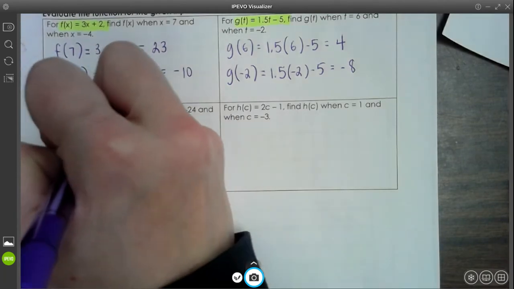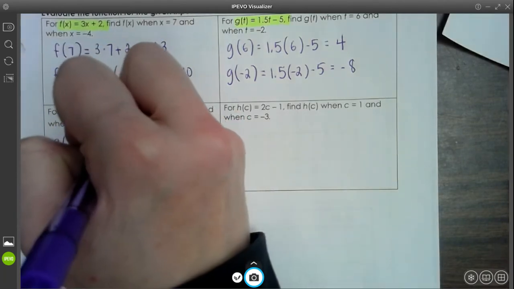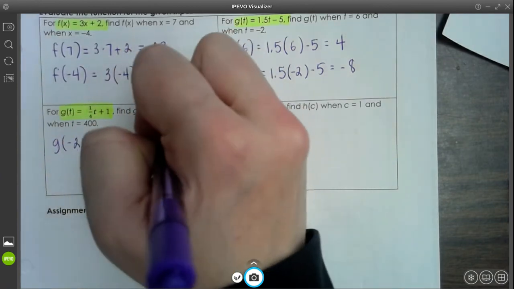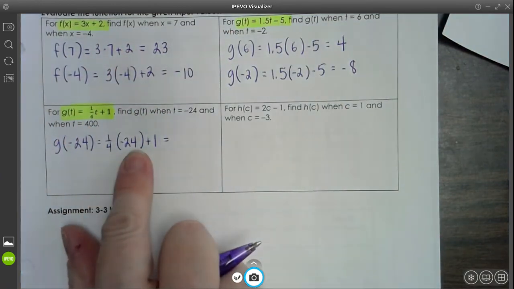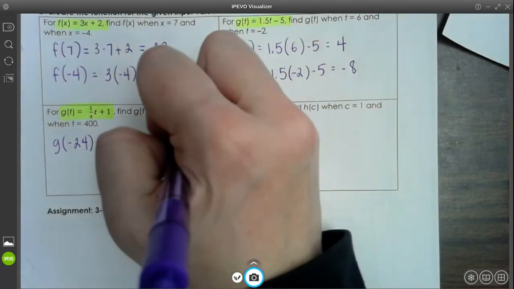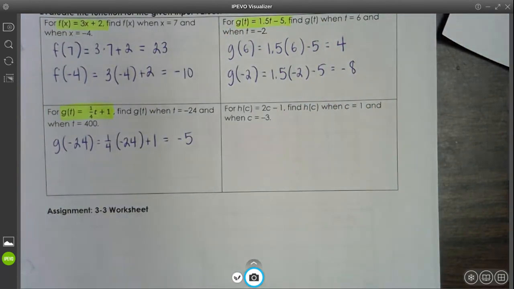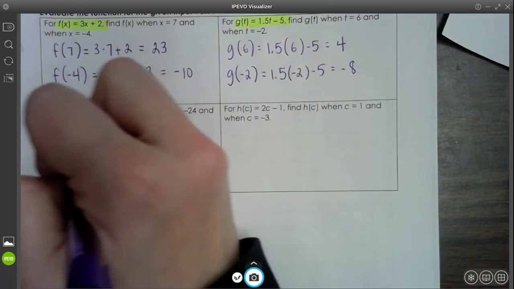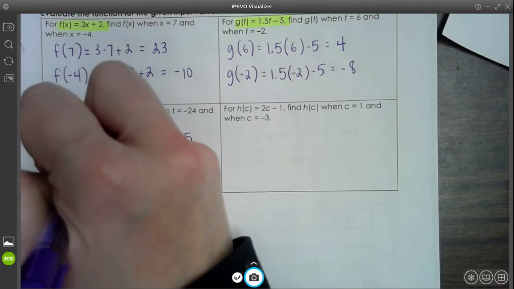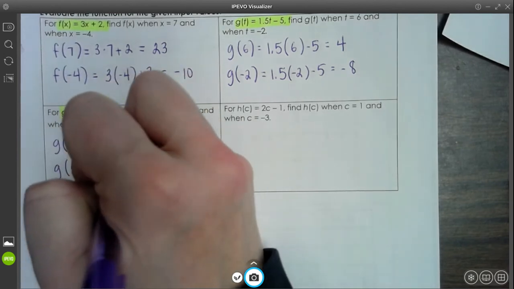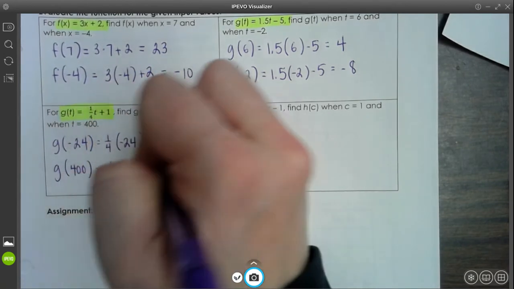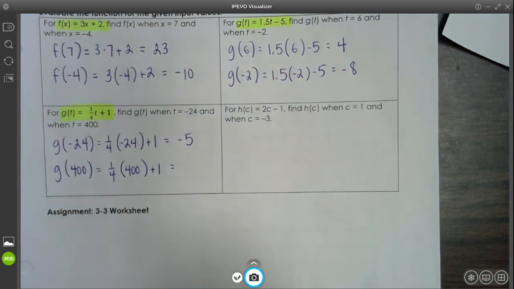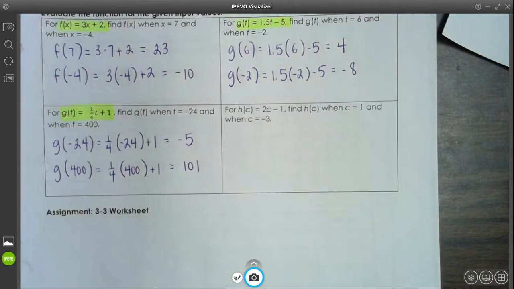So g of -24 is going to be 1/4 times -24 plus 1. Okay, 1/4 times -24 is -6, and -6 plus 1 is -5. And then I'm going to do the same thing, except I'm going to replace t with 400. So 1/4 times 400 plus 1. 1/4 of 400 is 100. If I add 1 to that, I get 101.